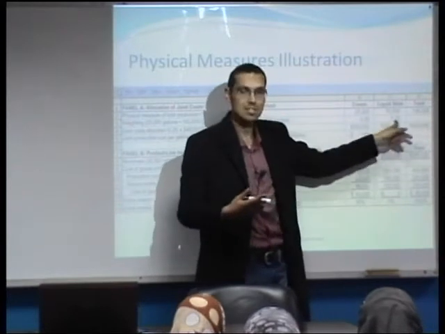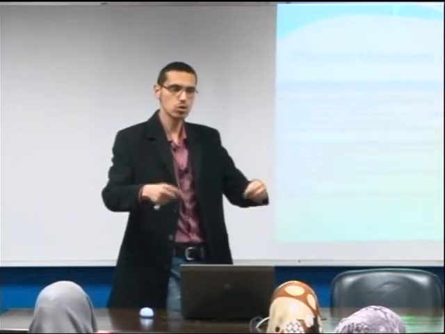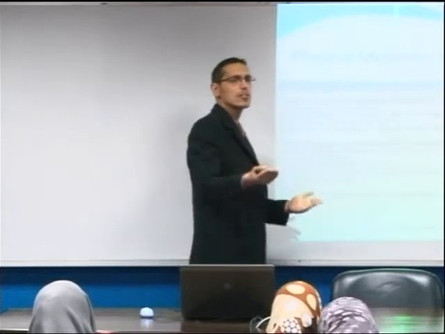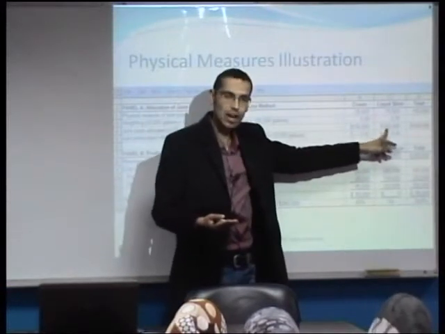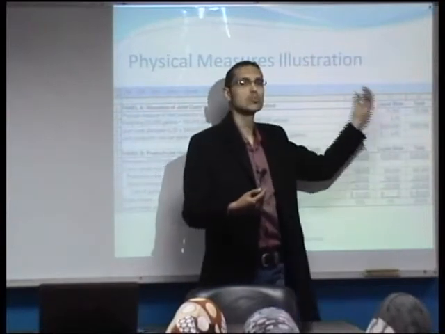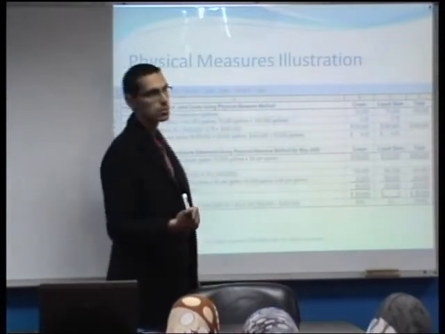Therefore, the percentage would be 75%. This means that from our production process, 25% of our total production is cream, and 75% of our total production is liquid skim. Therefore, the joint costs would be allocated using these percentages. We would multiply the 400,000 by these percentages. Therefore, 100,000 for the cream and 300,000 for the liquid skim. Of course, the addition of these two numbers would always equal the joint cost of $400,000.